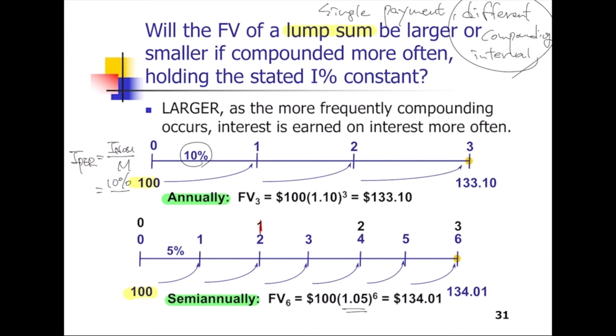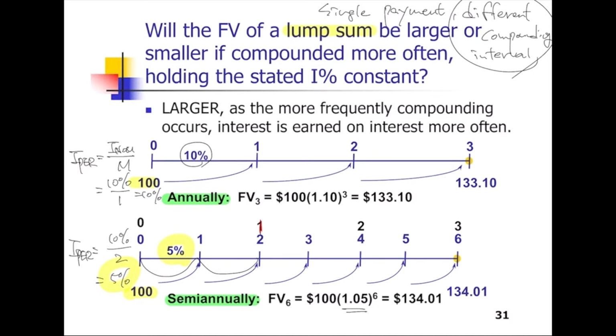So in this case, it is 1. So it is 10%, right? But in the other case, the APR nominal rate is the same, but the compounding number is 2. So 5%, right? It is the same as this.